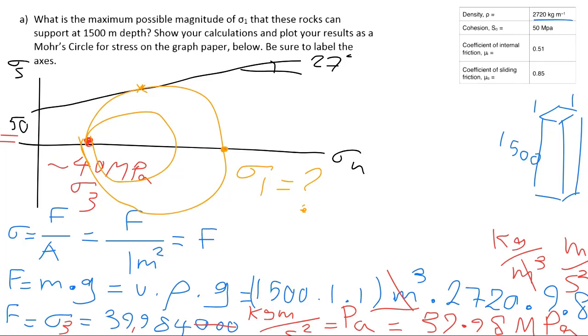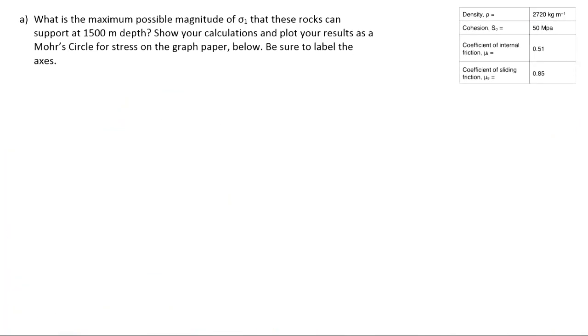We know from here that our sigma 3 is, let's put the exact number, 39.98. So I know my sigma 3 was 39.98 megapascal. And I am going to find out what is the maximum sigma 1, right?